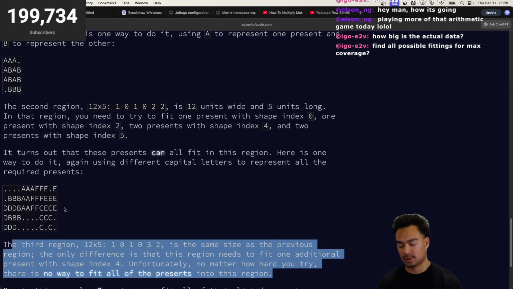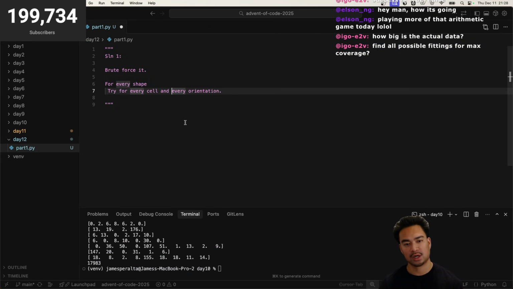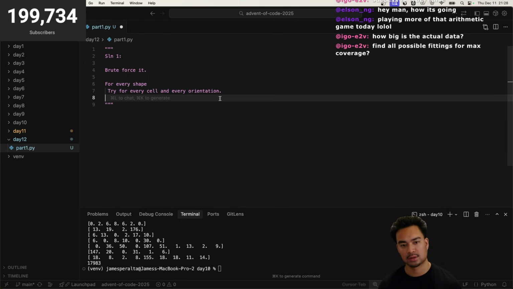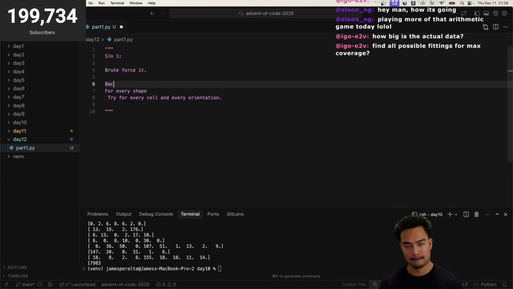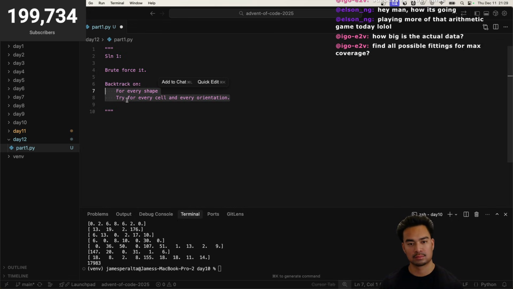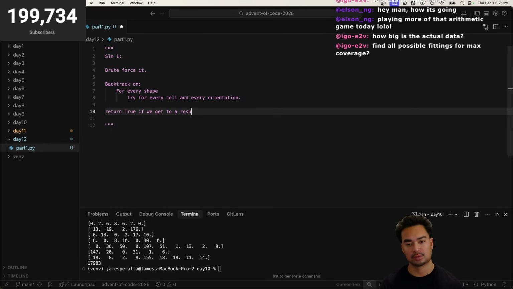One way is to try every shape, every cell and every orientation, and we backtrack. Return true if we get to a result.